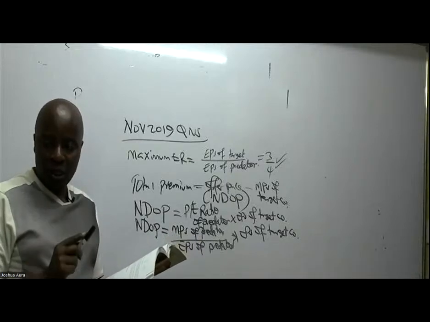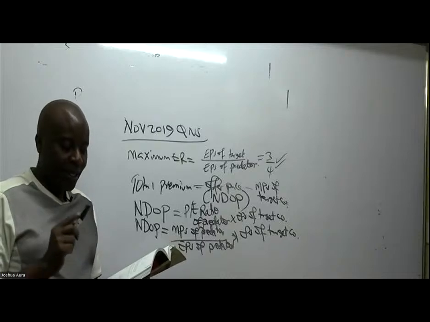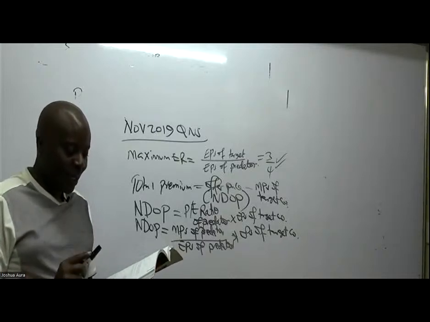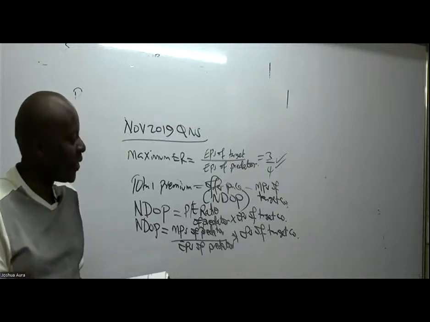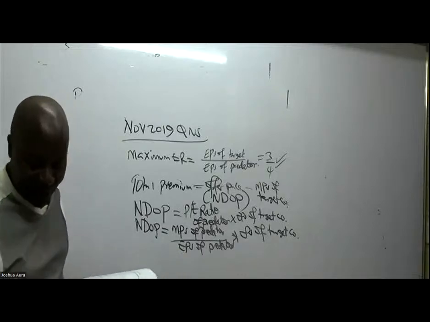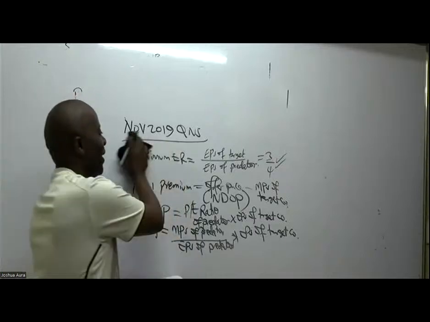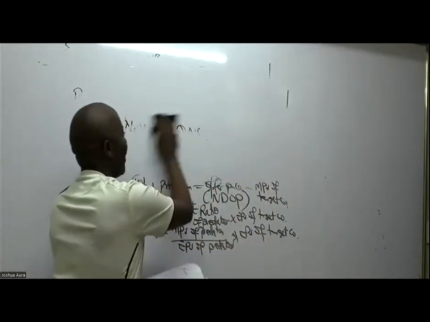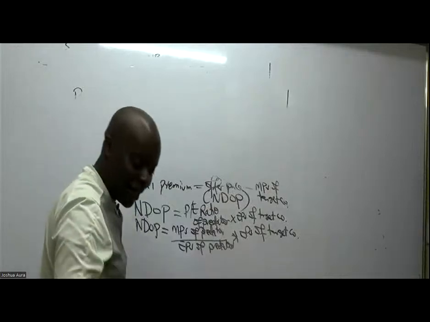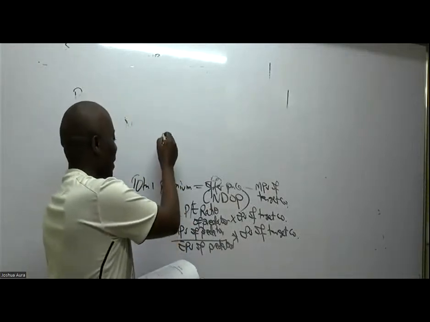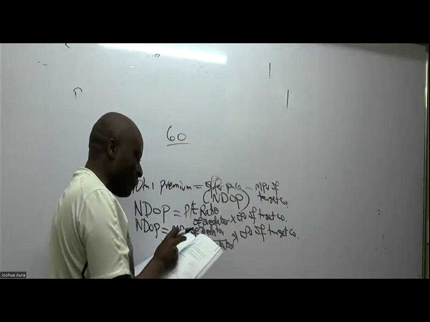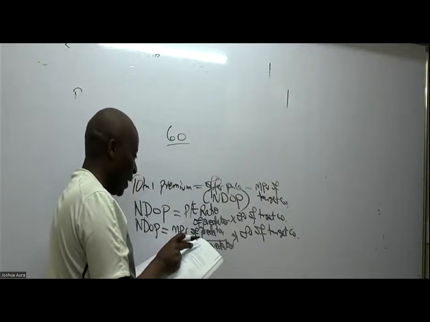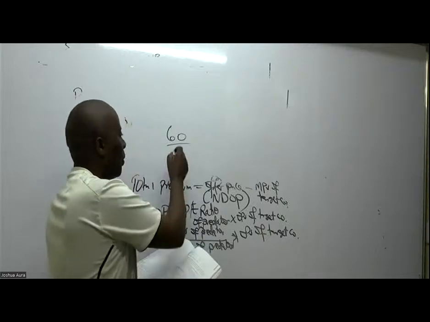So I'll take 60, divided by EPS of company A, which is 4.